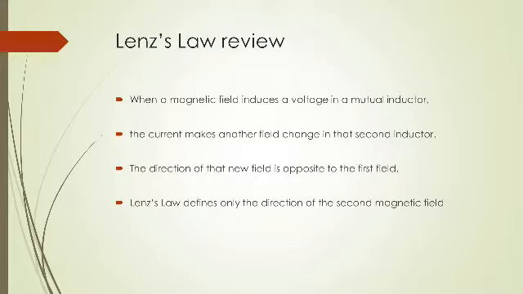Now, if you had a second inductor coil like that, then when a magnetic field induces a voltage in that second mutual inductor, the current runs through it, and that makes another magnetic field change in the second inductor. The direction of that new field is opposite to the first field of magnetism. Lenz's law defines only the direction of the second magnetic field.